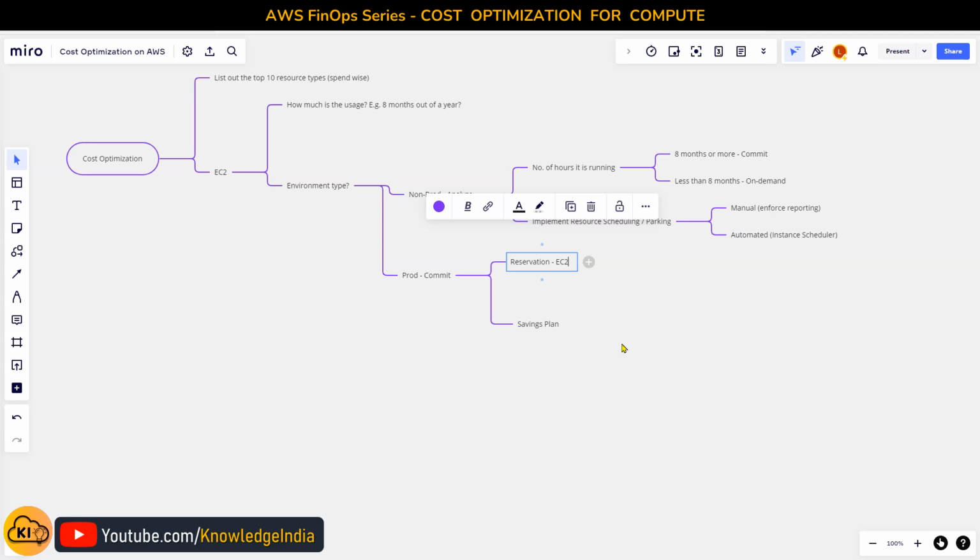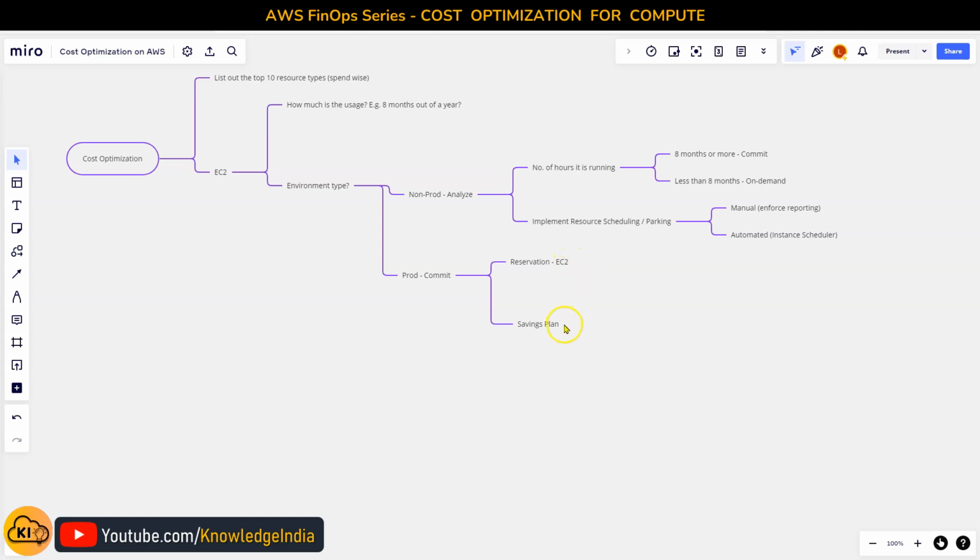So if you have the option between reservation and savings plan, which one should you choose? That's the first thing to understand. You know that for both reservation and savings plan, you have 1 year and 3 year duration available. So in which one do you save more?